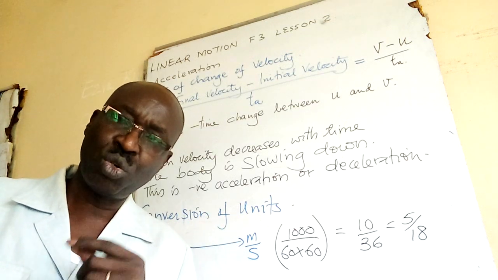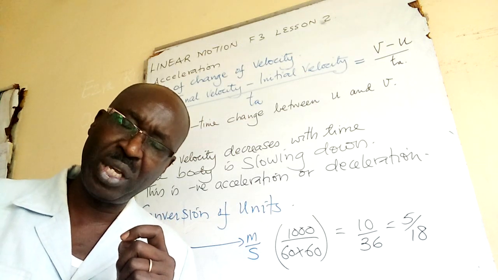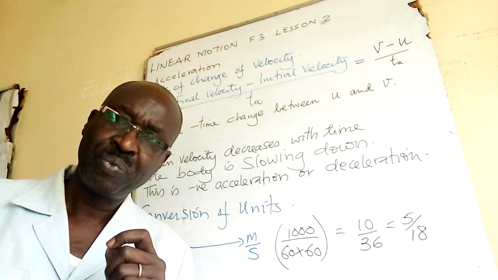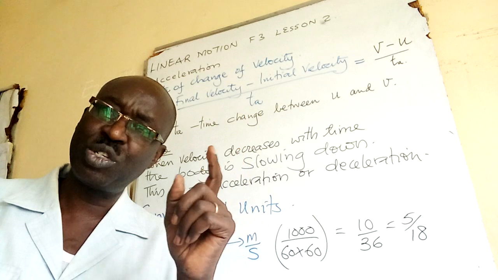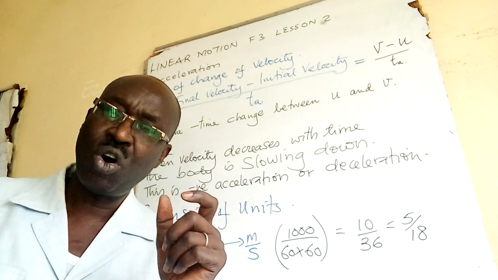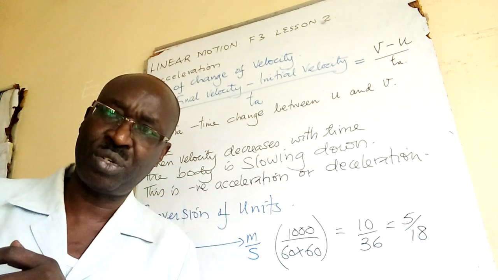So speed and velocity can also be uniform. In what sense? In uniform speed we shall have equal distance in equal time intervals.